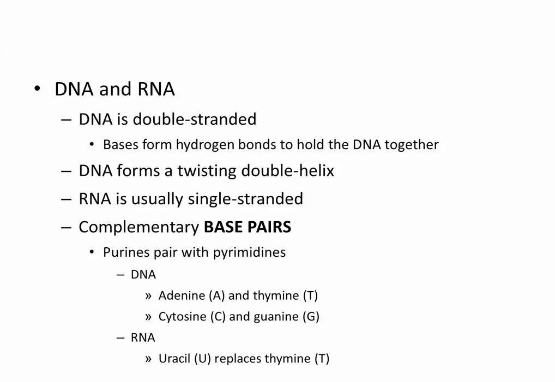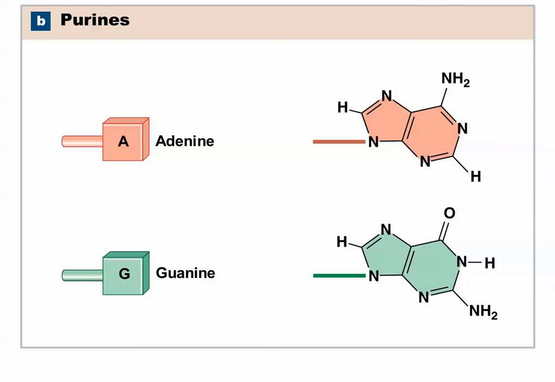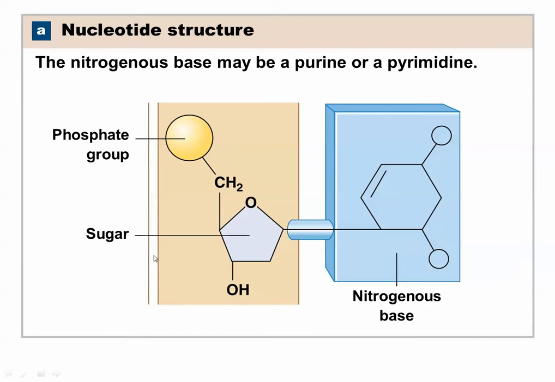You probably all know that it has a double helical structure, and it looks kind of like a staircase. And the rungs of the staircase are formed by these nitrogenous bases that are being held together with these hydrogen bonds.